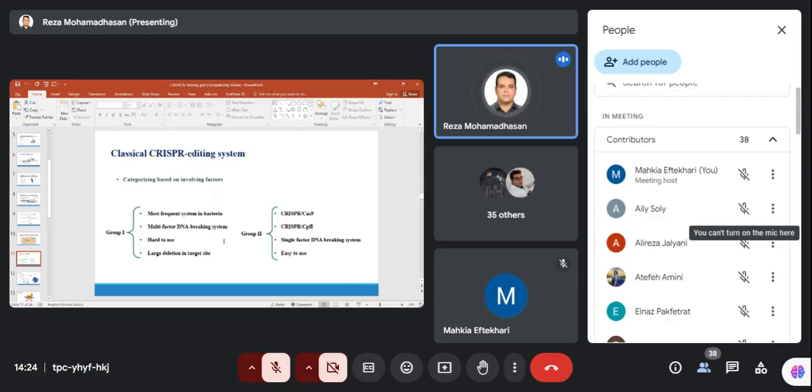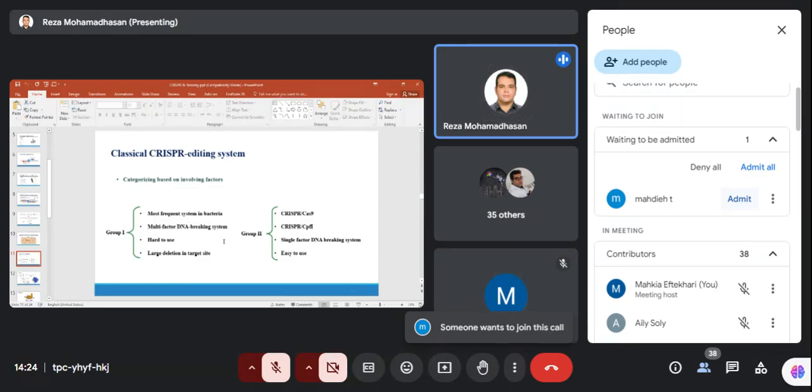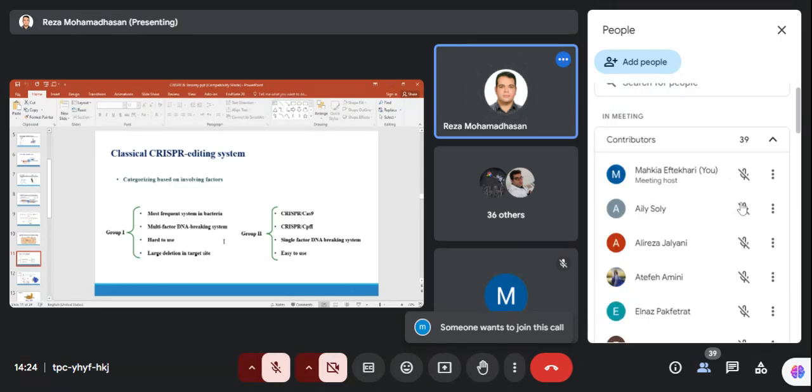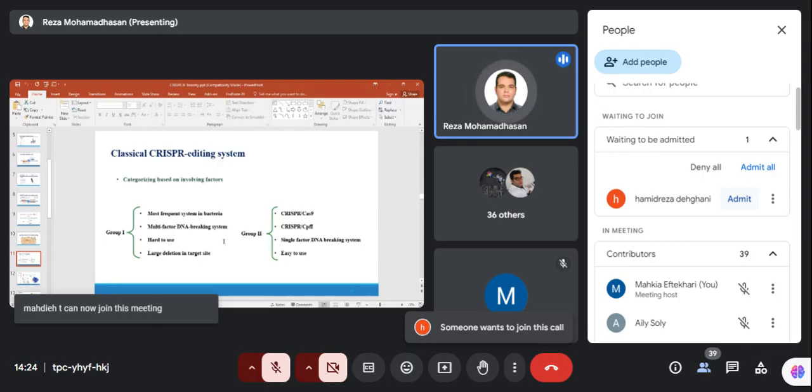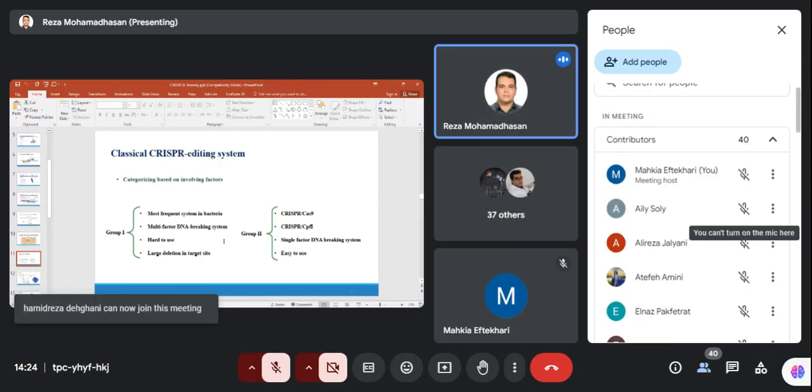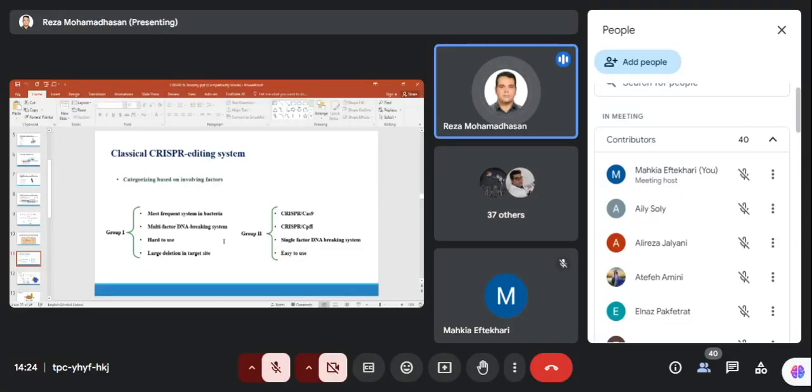Because, for example, when you use it for gene therapy, you need to remove a specific region of the damaged DNA. Okay, so large deletion is not desired to us.